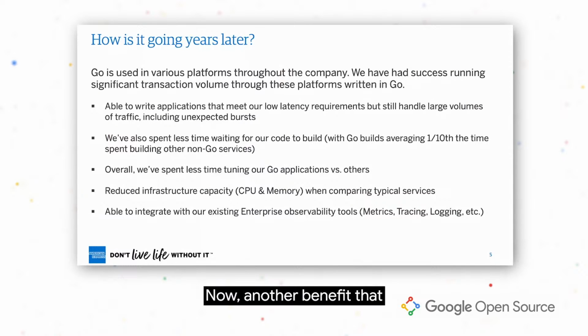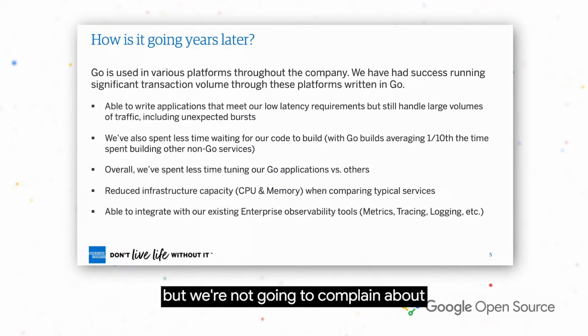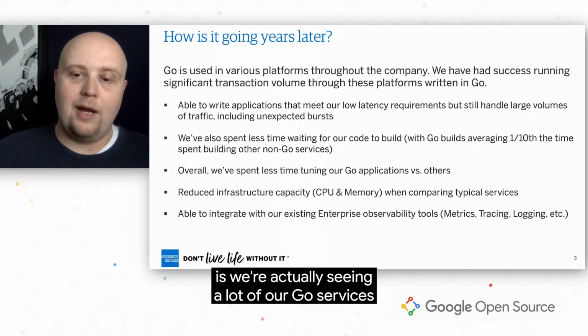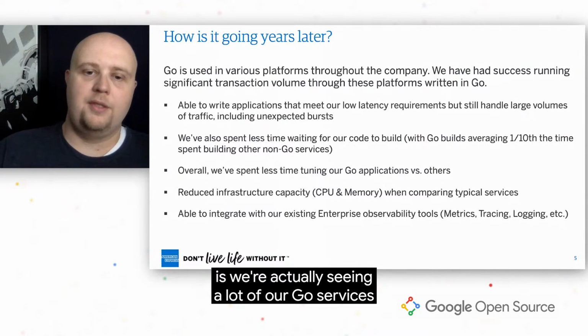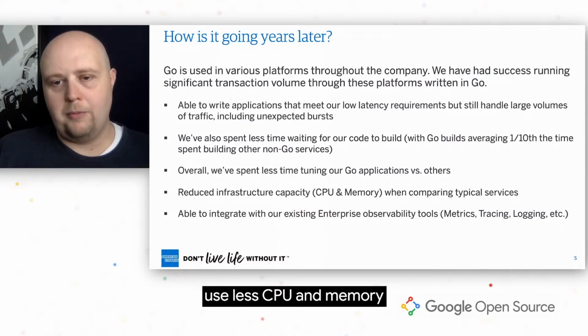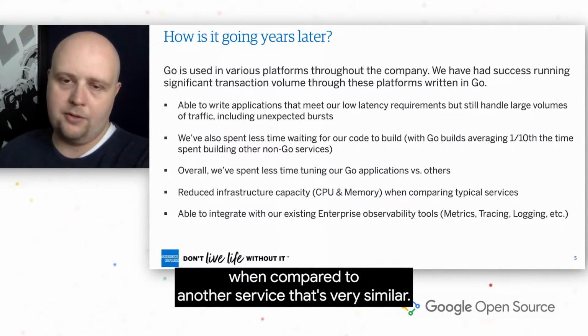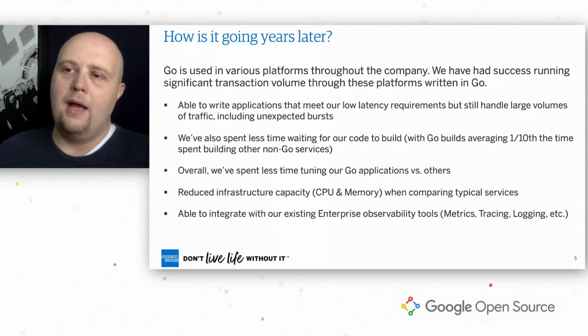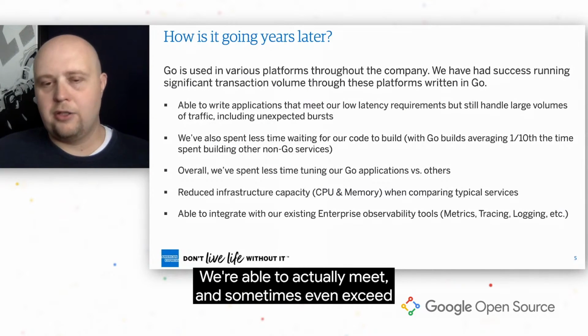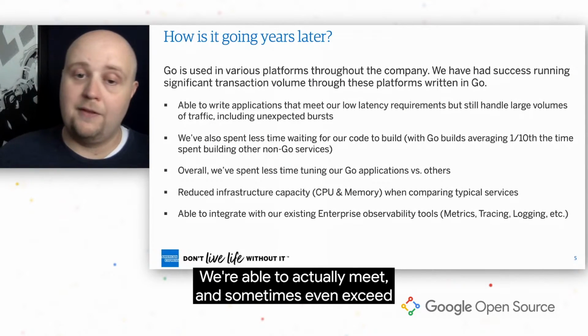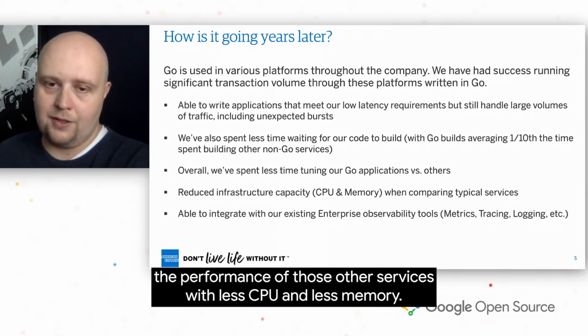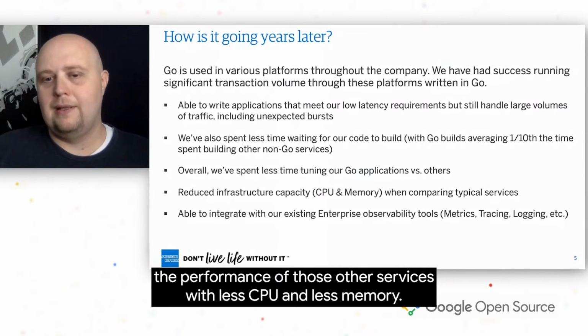Now, another benefit that we didn't expect going into this, but we're not going to complain about, is we're actually seeing a lot of our Go services use less CPU and memory when compared to another service that's very similar. We're able to actually meet and sometimes even exceed the performance of those other services with less CPU and less memory.